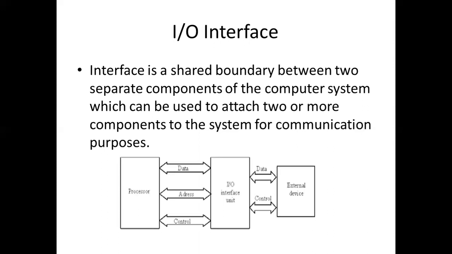So this is how it looks like. Here is a processor, then you need the interface here, and you have the external devices such as the keyboard, the mouse, and so forth. For them to share data, there is an intermediate that is needed, which is basically the interface. It is the one that facilitates the communication, through the data bus, the address bus, and the control bus.